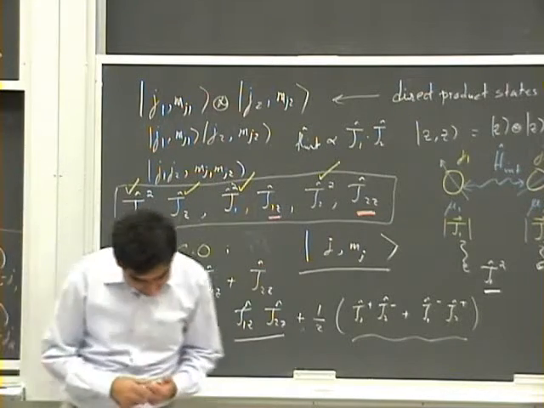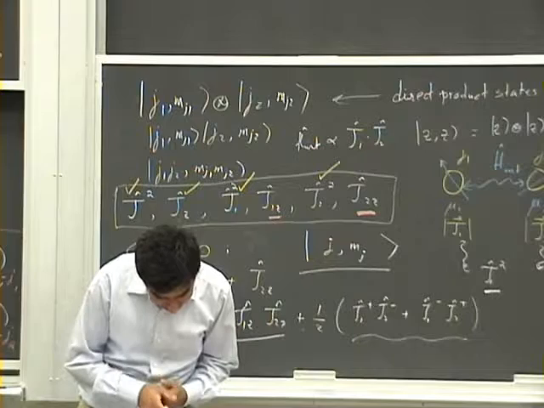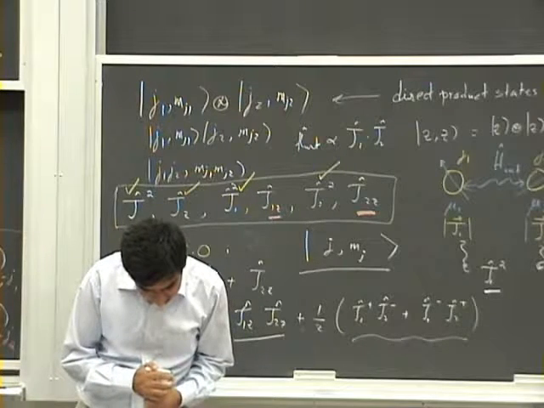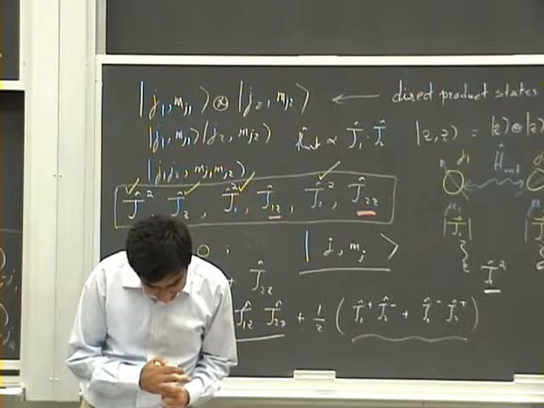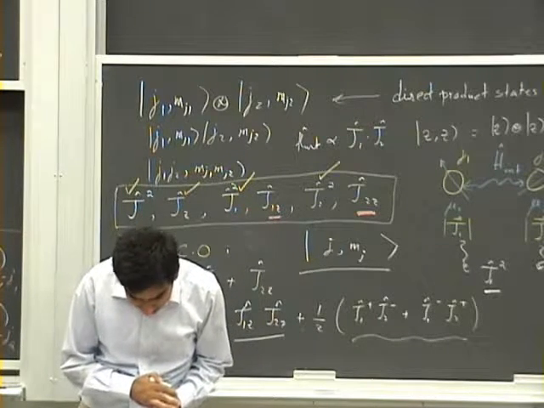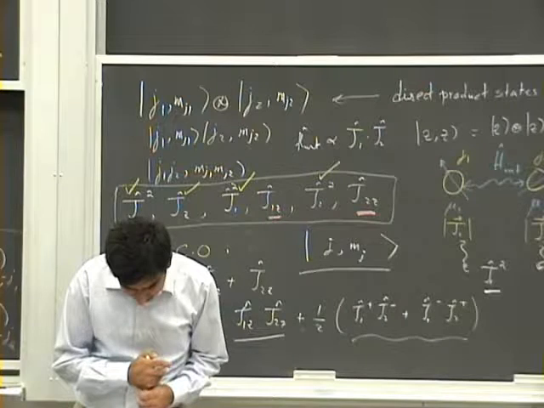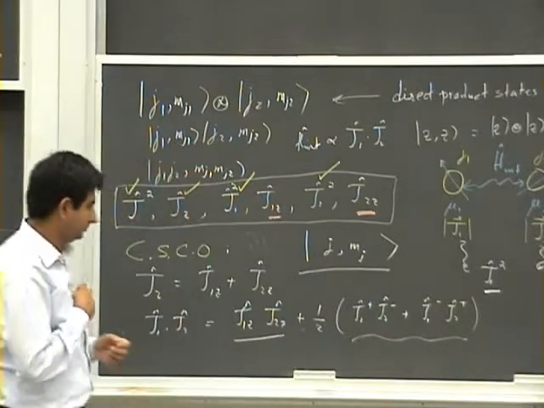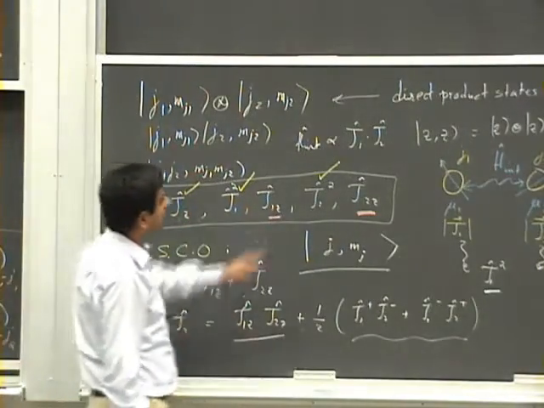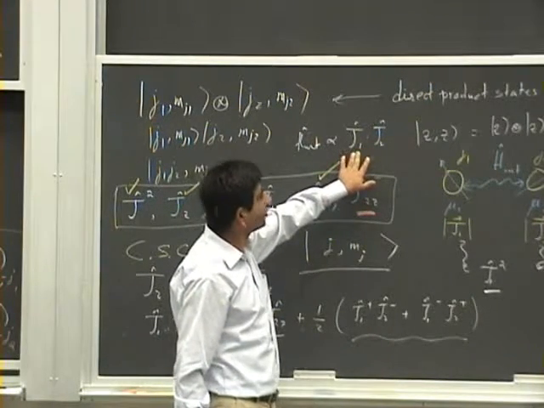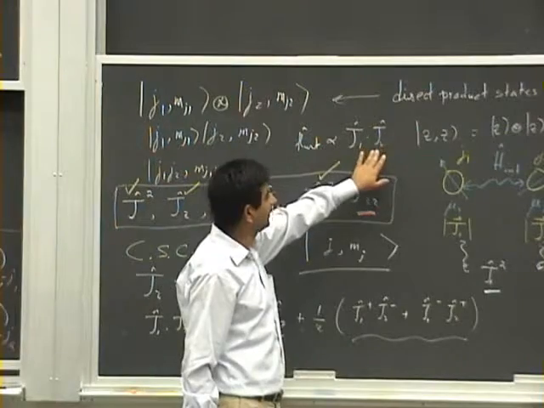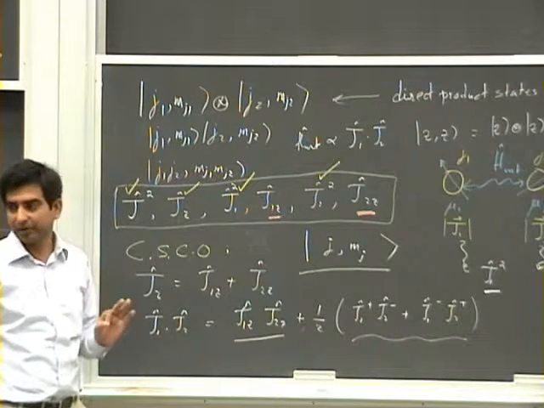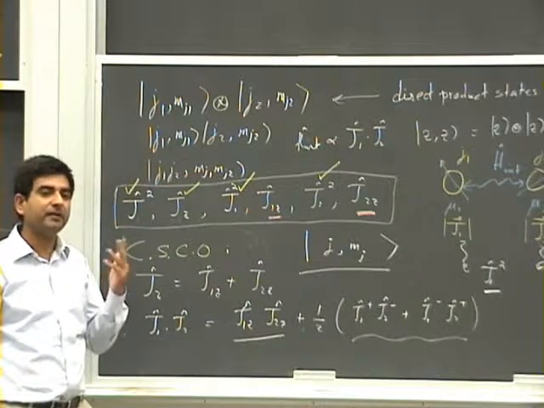Okay, let me recap. We saw that if you have an interaction Hamiltonian that is proportional to the dot product of the angular momentum of the first particle with the angular momentum of the second particle, then there are certain observables that are mutually commuting, and each one of those commutes with the interaction.